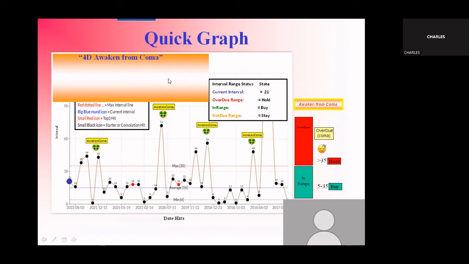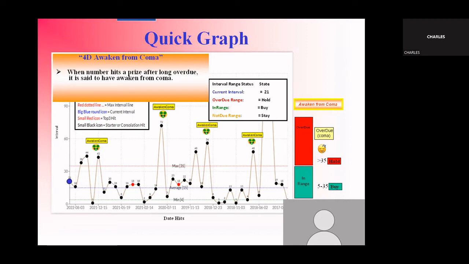Now the definition of awaken from coma is as follows. So you pay careful attention, you understand this definition, then you will know when a number is awakened from coma.